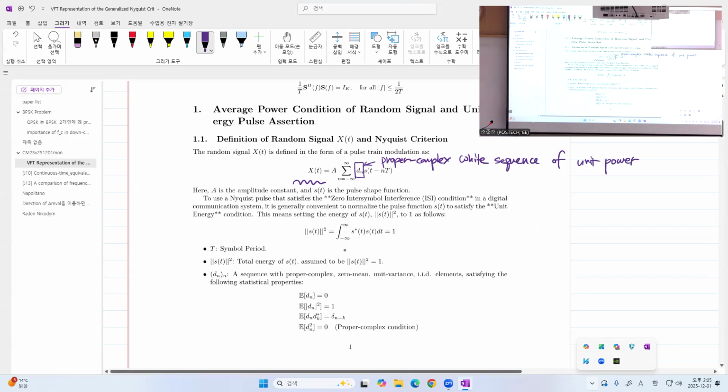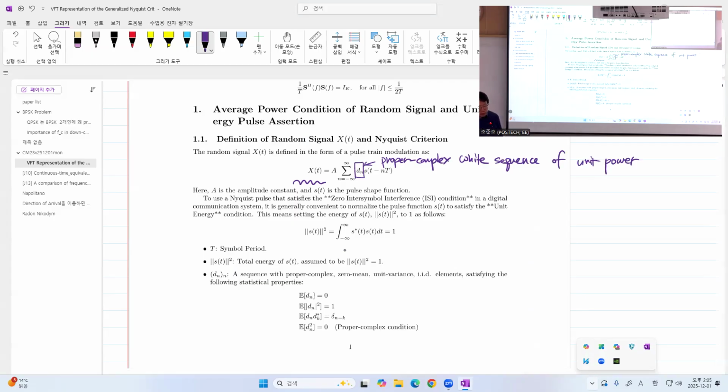So we don't need to care about the power spectral density of this one. Now, S of t is the transmit pulse. And capital T is the so-called symbol period, or its inverse is the symbol transmission rate.